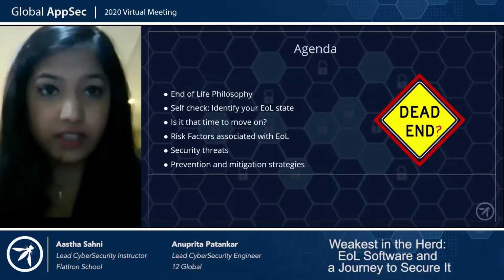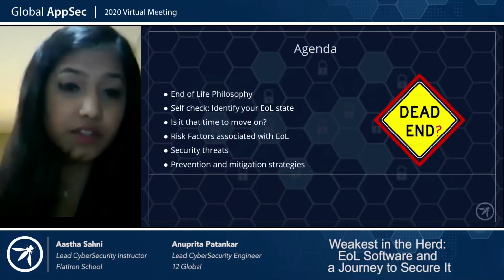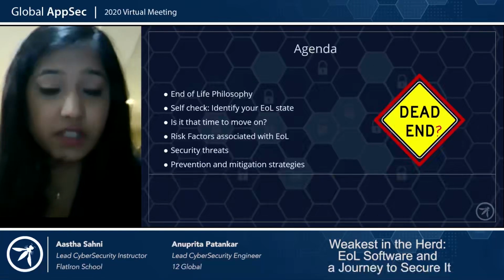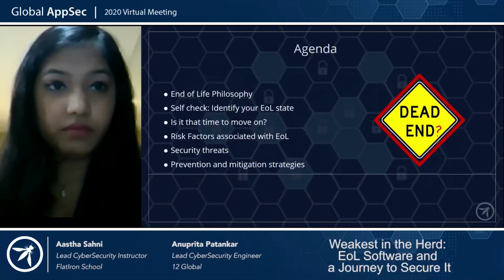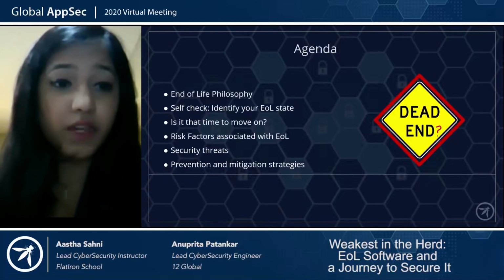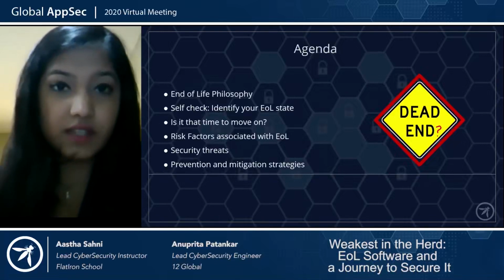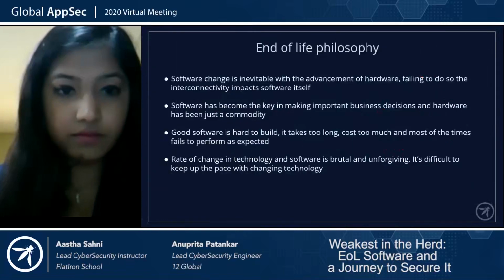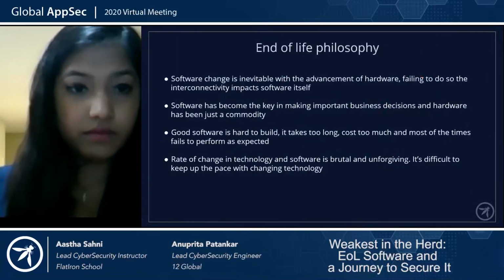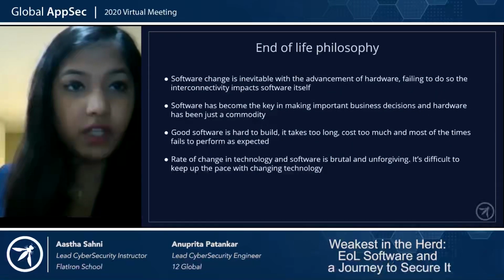In any journey, it is important to understand your current position, and the risks and threats associated with it. Then at the end, we will see various prevention and mitigation strategies that will help you secure your end-of-life software. So let's move forward, understanding the end-of-life philosophy.